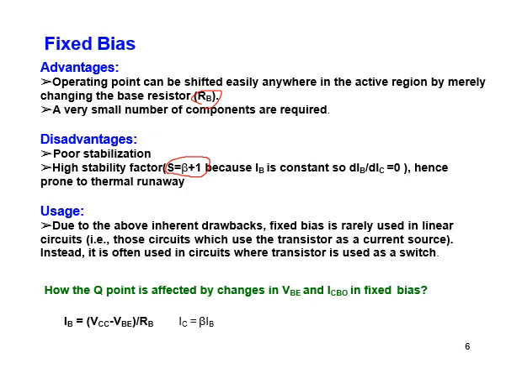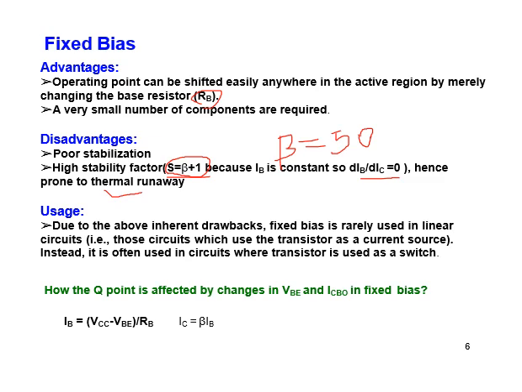So the stability factor becomes S equals beta plus 1 from the formula obtained for the stability factor. Since the value of beta is 50 to 60, the high value of beta will cause the configuration to become unstable and prone to thermal runaway. So this is the main disadvantage of the fixed bias circuit.